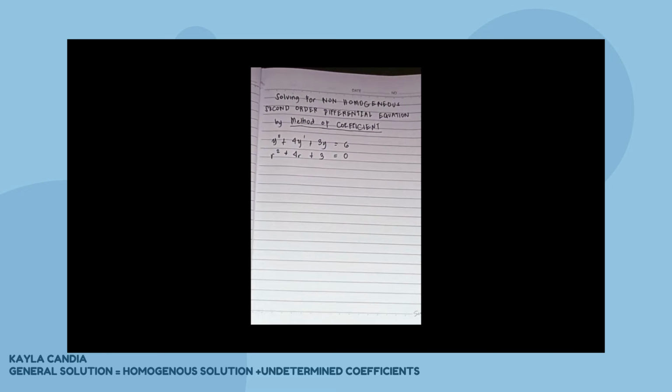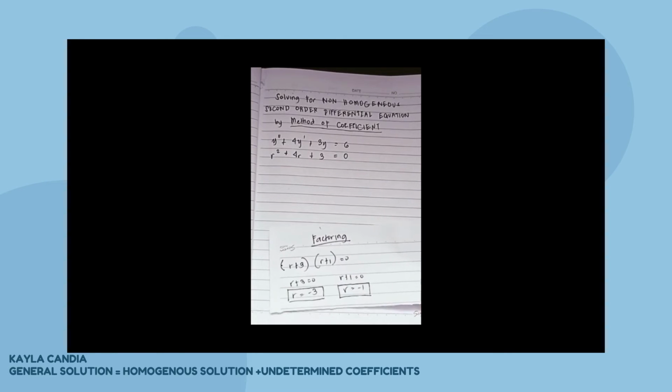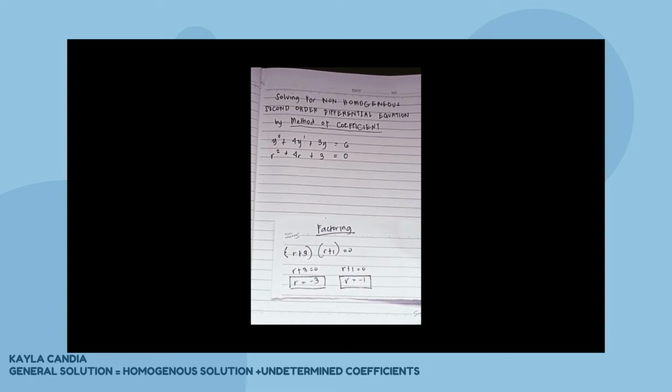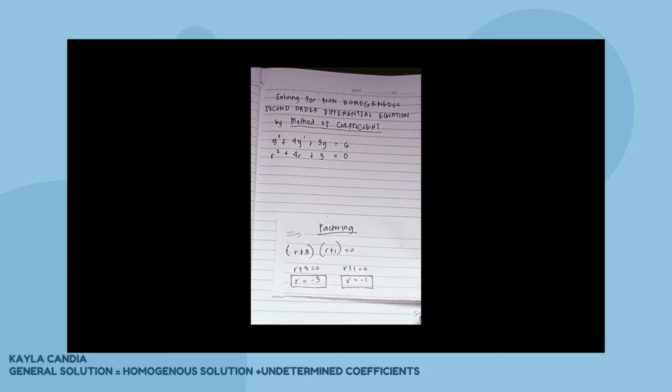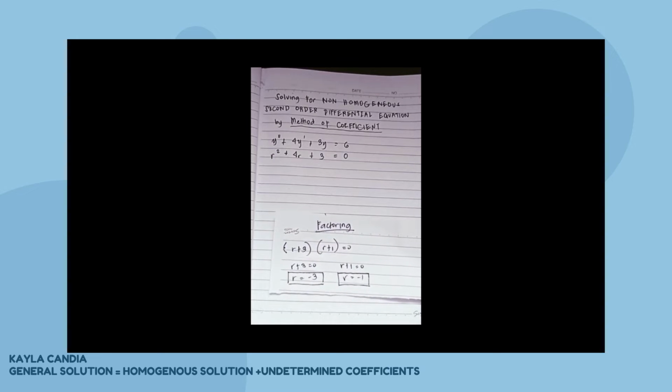In order to solve for r, we are going to factor the quadratic polynomial equation. So like this: r plus 3 and r plus 1 equals 0. So set each factor to 0. So r plus 3 equals 0, so r equals negative 3. r plus 1 equals 0, so r is equal to negative 1.